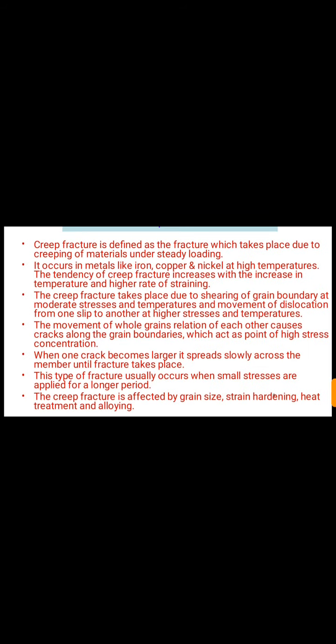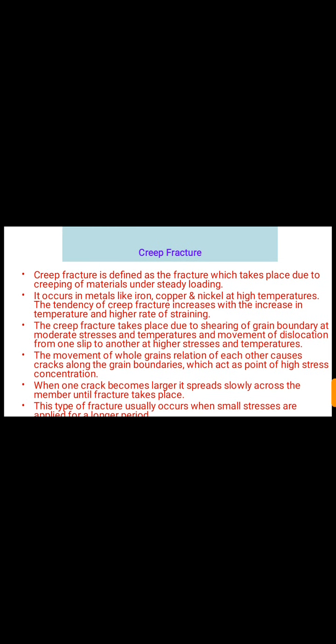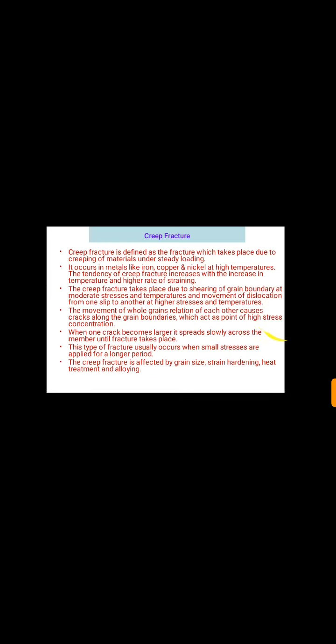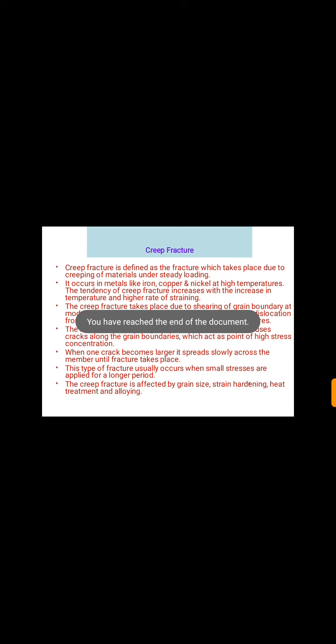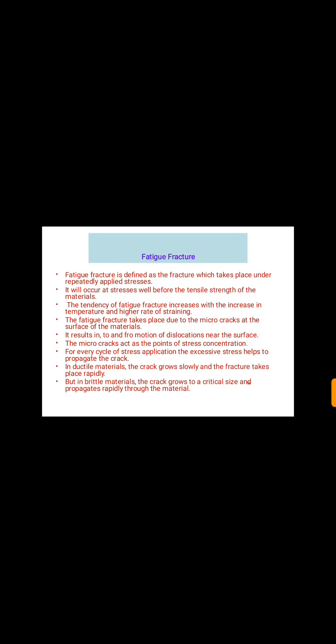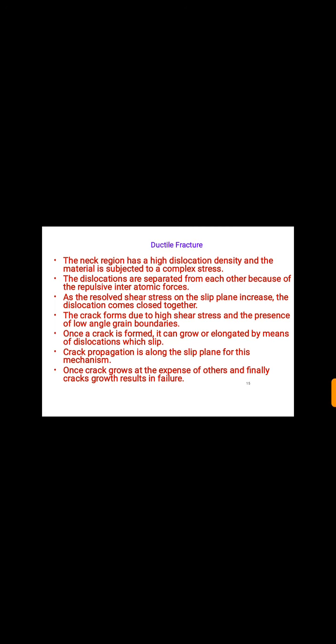Inside the material, the atoms start to vibrate very vigorously, so that it breaks down easily. Creep fracture is when the temperature is high, the fracture will occur. These are the different types of fractures we have seen. I hope you understand what the fractures are.